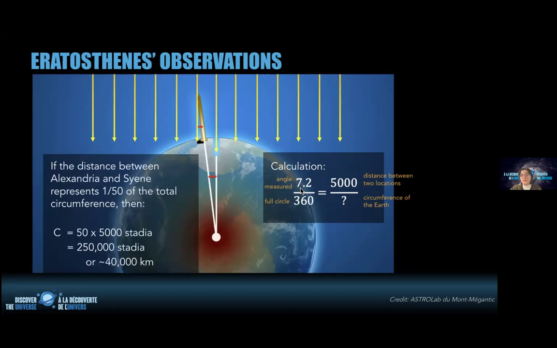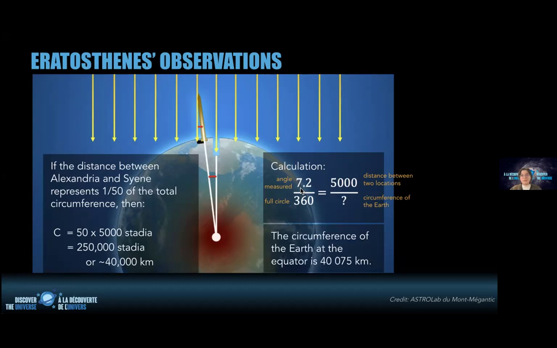So he knew again that the angle he measured was 1/50th of the total circumference, or 1/50th of the full circle. So he could calculate the circumference by multiplying the 5,000 stadia by 50. And so he ended up getting a measurement of 250,000 stadia, which was equivalent to approximately 40,000 kilometers.